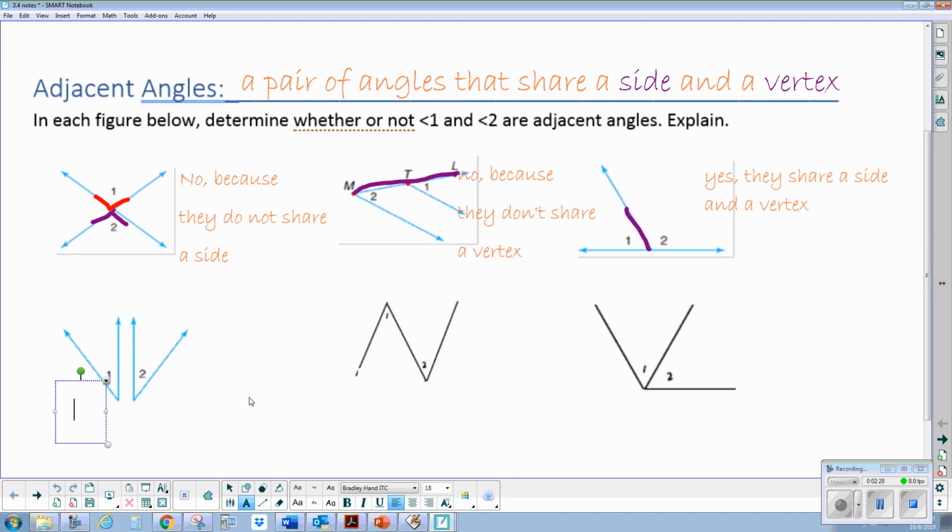In the next example, these two angles don't share a side or a vertex, so no. In the fifth example, here's the vertex of angle 1, here's the vertex of angle 2, and although they do share this side, the two angles do not share a vertex.